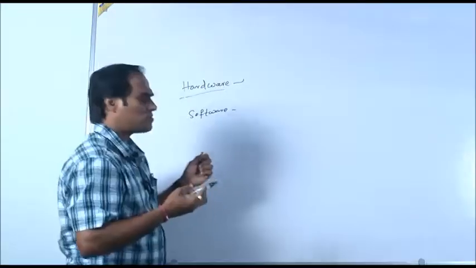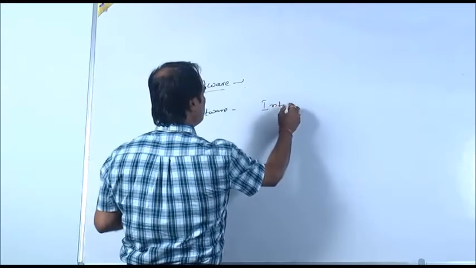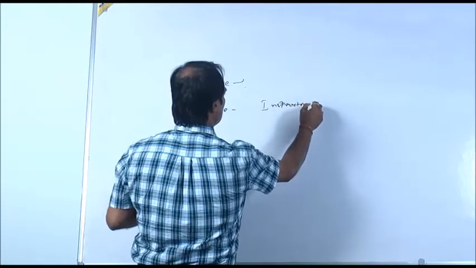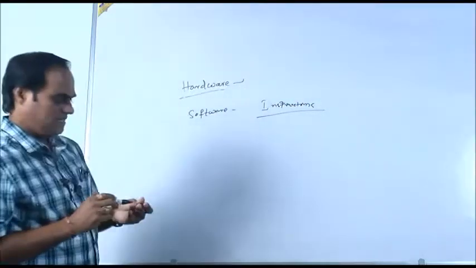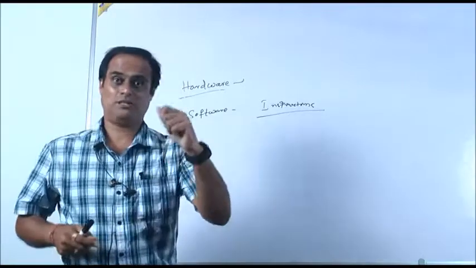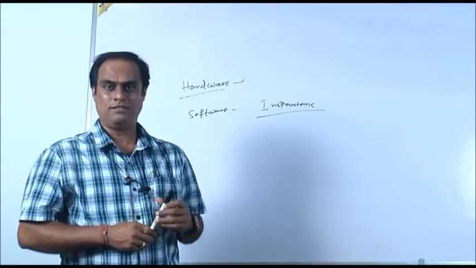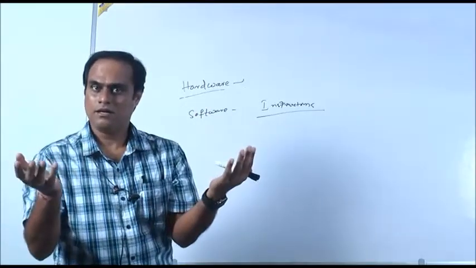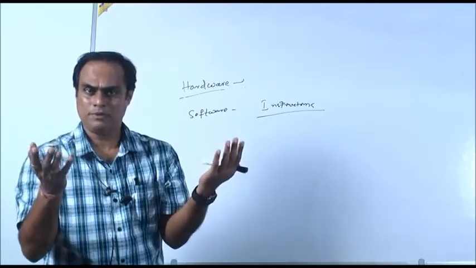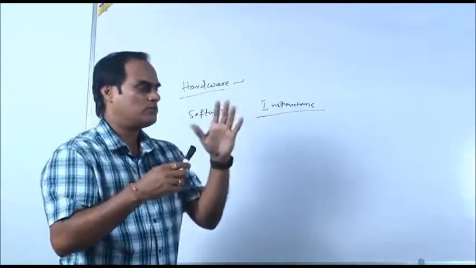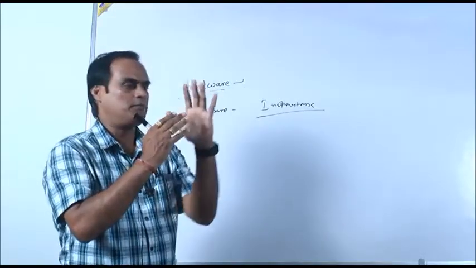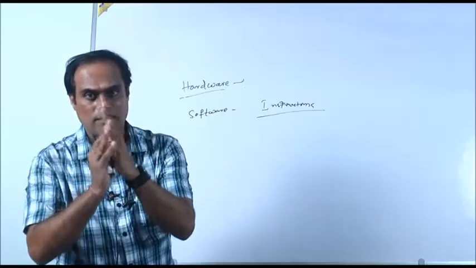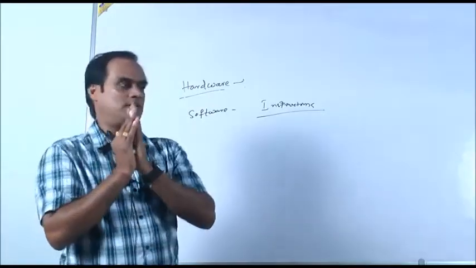Instruction set is very important in computer science. Instructions means the instructions we give to the computer. Get my point? Unless you give any instruction to the computer, it will not function, and the data will not be processed. So the system requires corresponding data and corresponding instructions, and then the process is executed.